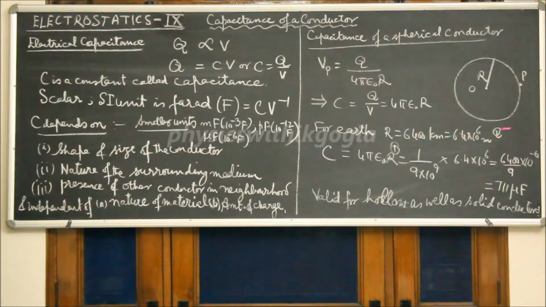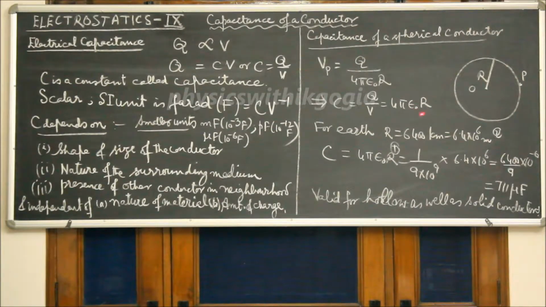To begin with a simple case, let's find out the capacitance of a spherical conductor. If we consider a sphere of radius r and give it a charge Q, the potential at point P, as studied earlier, will be V equal to Q over 4 pi epsilon naught r. From this equation, you get C equal to Q over V equal to 4 pi epsilon naught r.